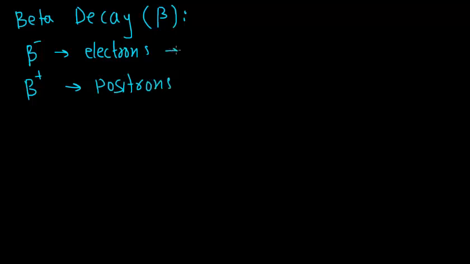Electrons are symbolized by 0, -1, and positrons are denoted by 0 and +1. It is important to note that the electron that is released in a negative beta decay is not one of the electrons in the orbital of an atom.